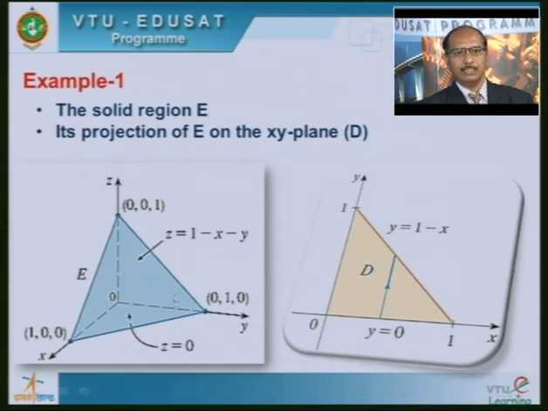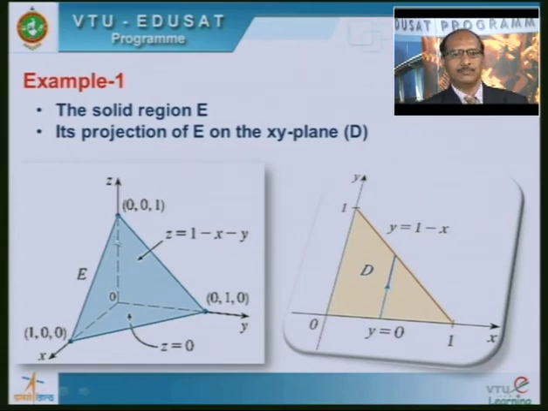So the solid is bounded by 4 planes, 3 coordinate planes and 1 plane x plus y plus z. From this solid you have to identify the limits of the triple integrals. If I want to use the type 1 region, it is where z limits are functions of x, y.